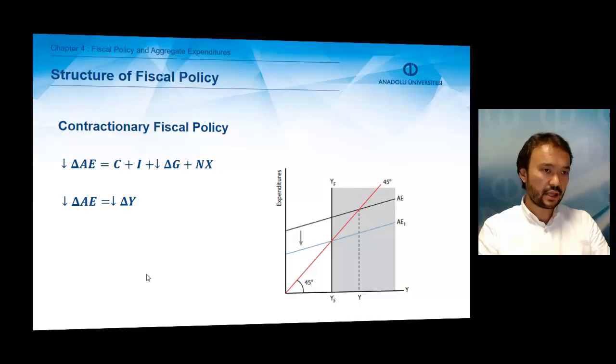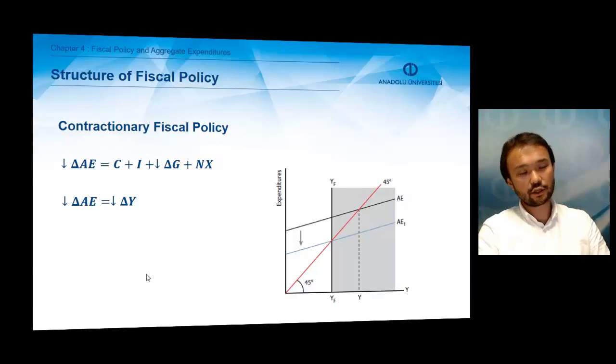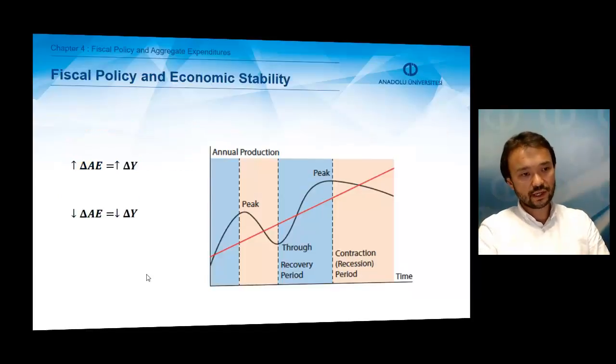Because of that, the fiscal policy is an important part of the macroeconomic policy. We can use the fiscal policy to control aggregate expenditures and economic stability for an economy.